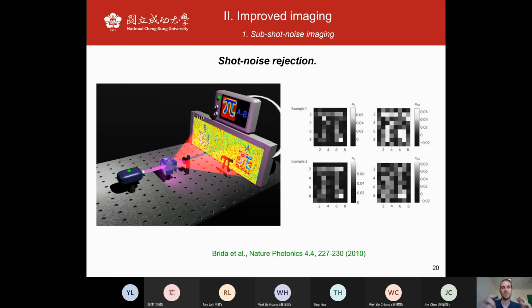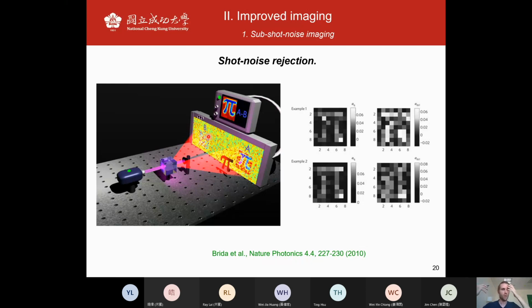But the fact is that because you still have photon correlations between this part of the image and this part of the image that corresponds to the two beams that are correlated, if you've got one photon incoming in this pixel, you'll have a photon as well incoming into the other pixels. And therefore, both sides of the image will experience the shot noise, but each pixel within this image will actually experience the same shot noise.